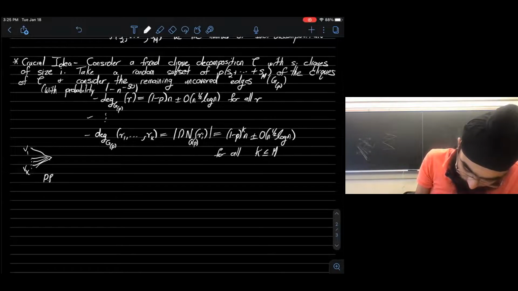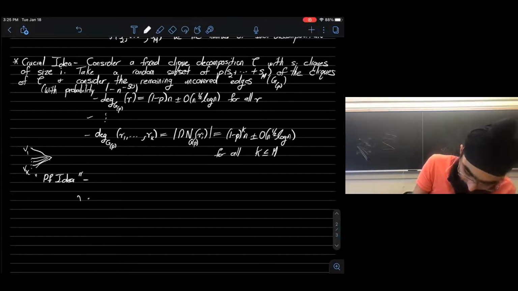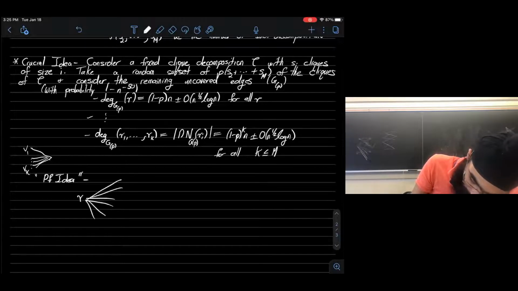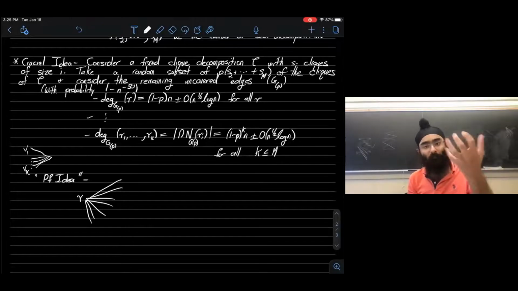And so let me sketch the proof idea. Let's figure out why this is true for a single vertex first. So consider a vertex v. There's this slight issue that I've sampled a random subset of a fixed size versus keeping each clique with probability p. It turns out that doesn't matter.